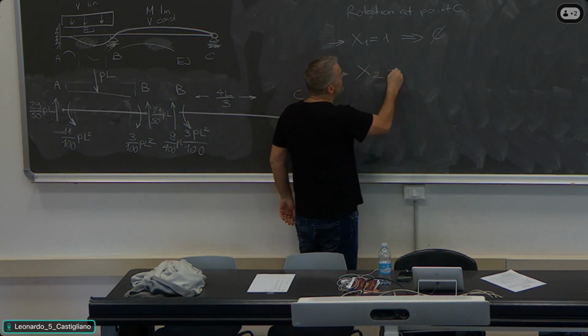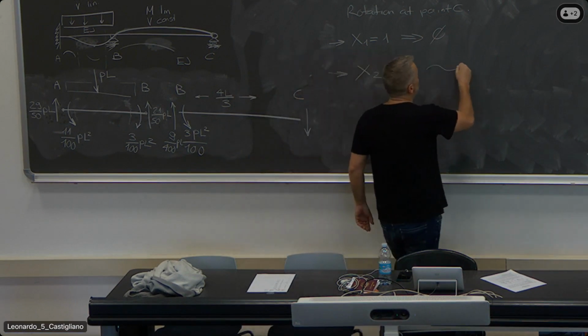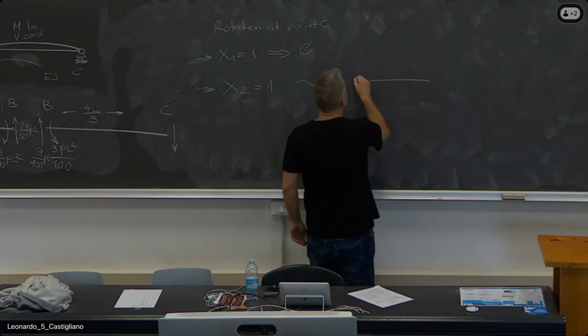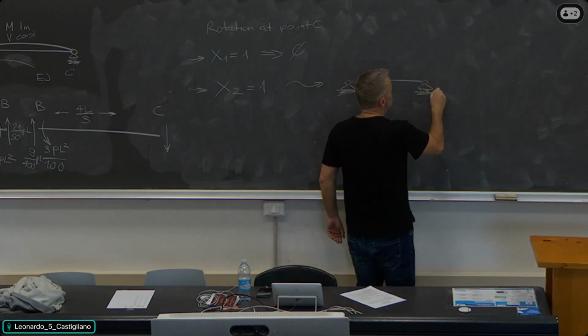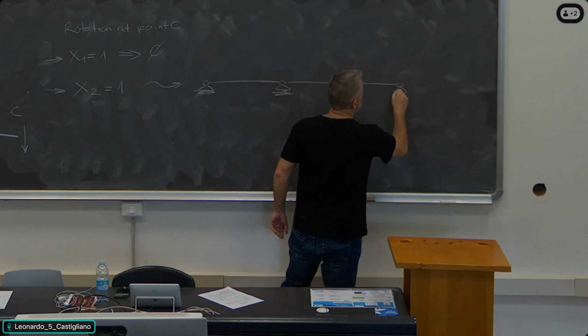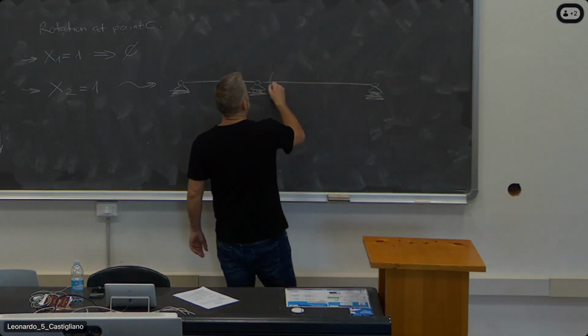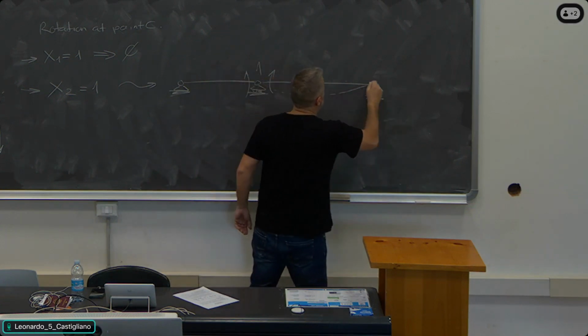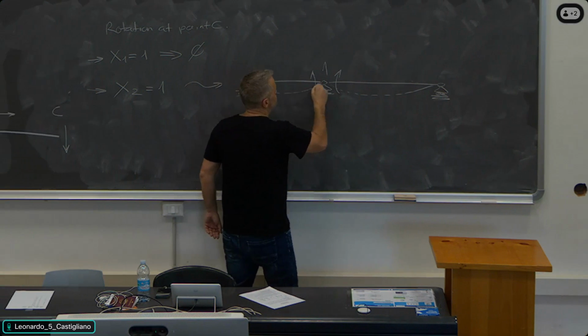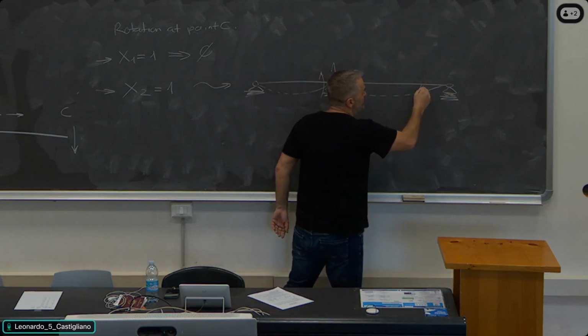When we have x2 equal to 1, I will redraw what happens. You should have this drawing here, 1 here. And what I marked here are 4 arches.